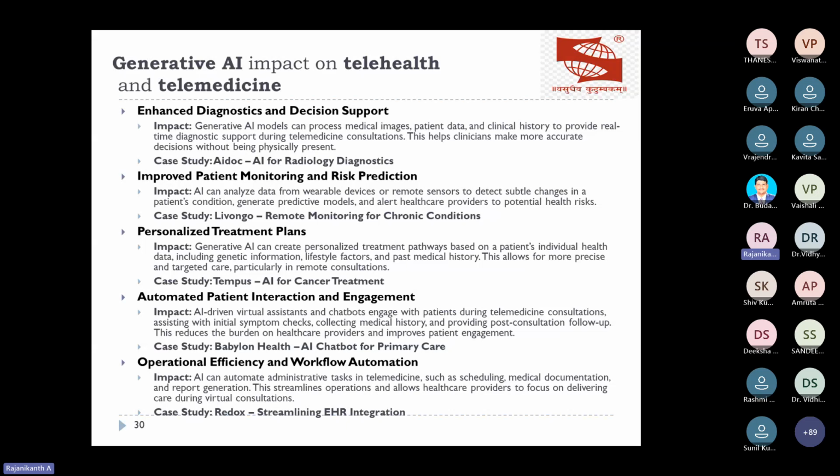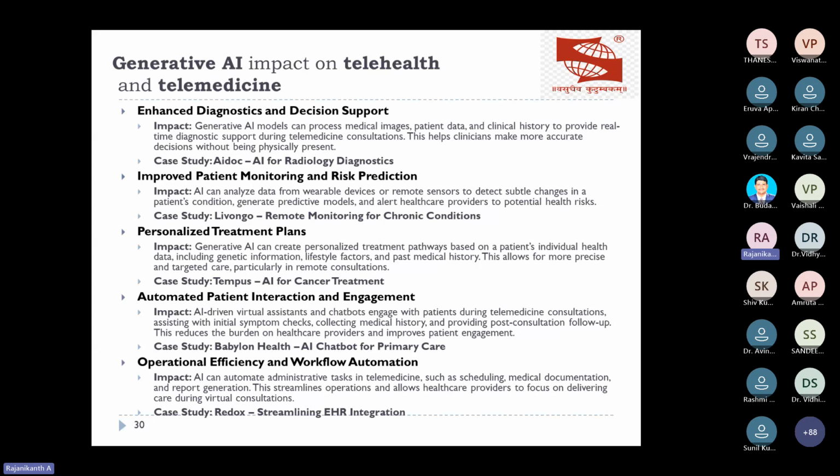Then we have automated patient interaction and engagement. We have a case study with the name Babylon Health AI. This is a chatbot which is basically used for primary care. People can use this particular chatbot for interacting and understanding their situation. Like in infant healthcare, where a mother quite often gets very simple issues, for which they are in confusion whether to reach out to a doctor or not.